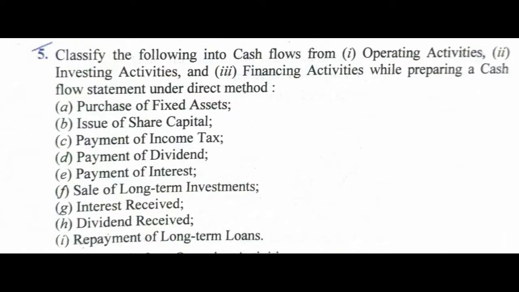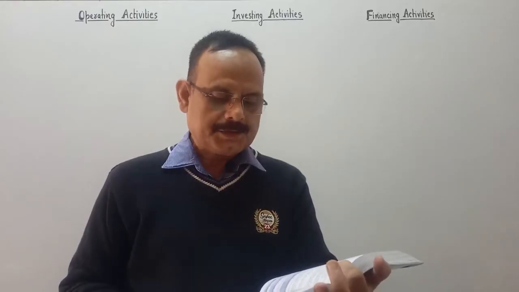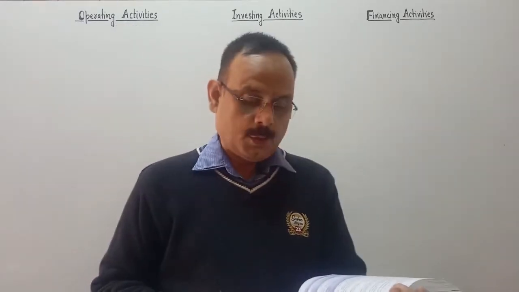Question is, classify the following into cash flow from number 1 operating activities, number 2 investing activities, number 3 financing activities while preparing cash flow statement under direct method or indirect method.